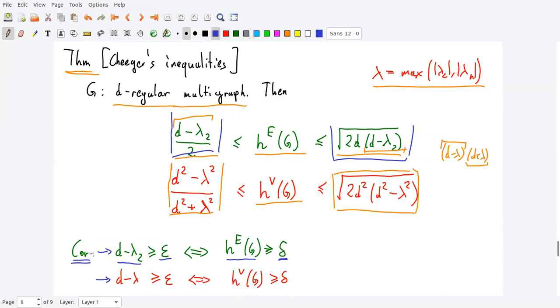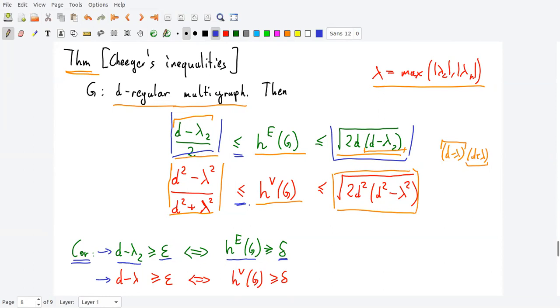So this is the main corollary, but the main practical usage of these Cheeger's inequalities, probably those inequalities are more important, because this means that if you want to construct a graph with good edge expansion or good vertex expansion, it suffices to construct a graph with good spectral gap or absolute spectral gap.